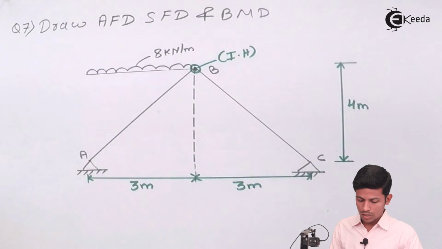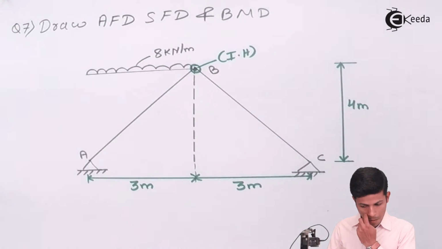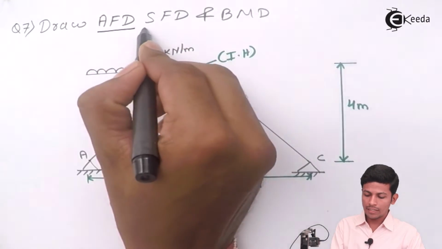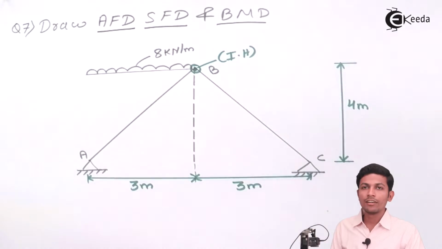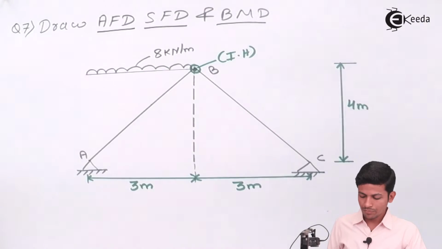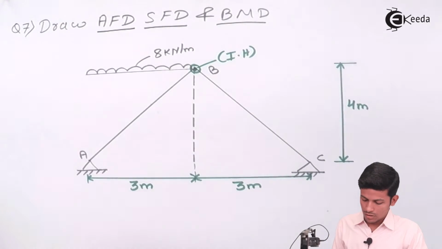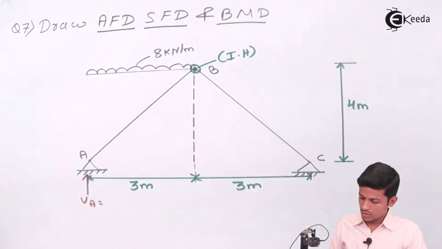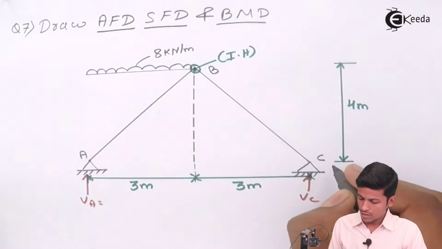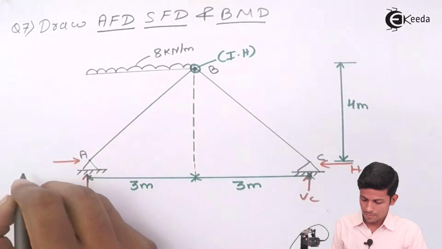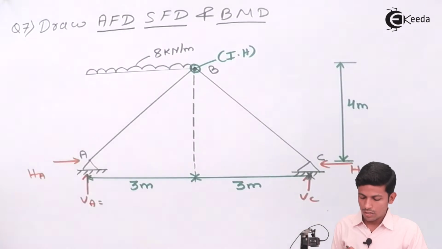See, this is the question given in the exam. Draw AFD, SFD and BMD of the given frame. Now over here we have to find VA, VC, HC and HA.